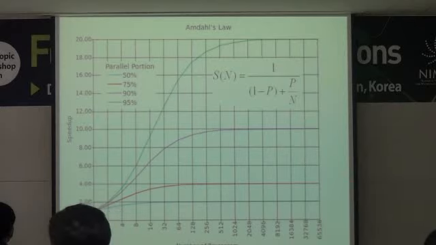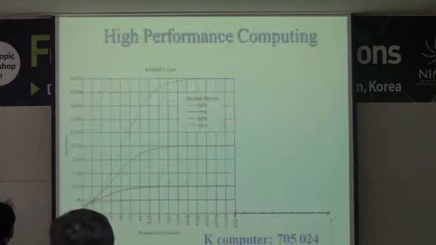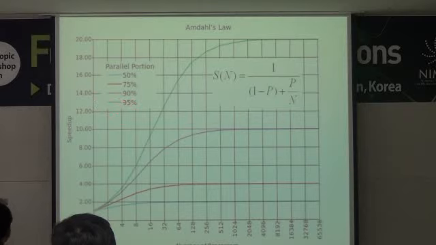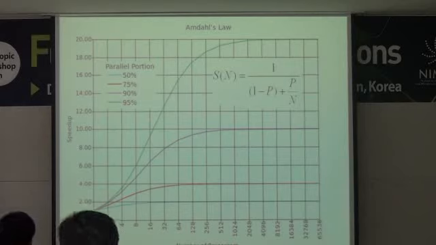For example, here we have only 5% of the program which cannot be parallelized, and the performance does not increase beyond approximately 1,000 CPUs.